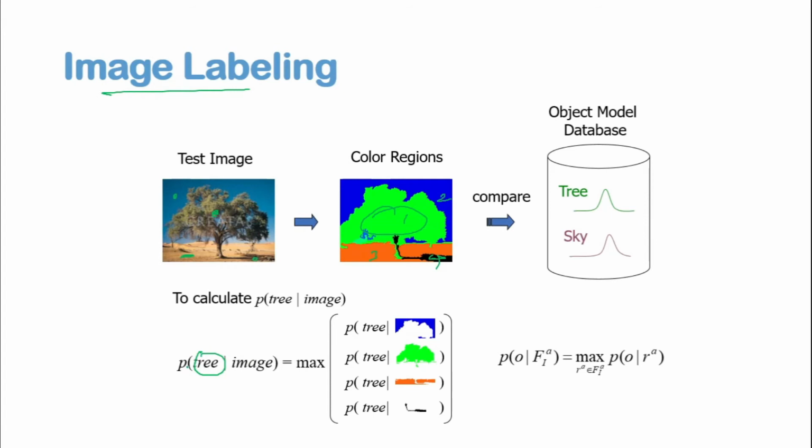I need to find the probability of that particular object with the whole image, but the whole image has all other objects, this one, this one, this one and this one. But all those are learned models. What is the probability of tree with the sky? It will be lesser. What is the probability of tree with the land? It will be lesser. What is the probability of tree with the shadow? It will be lesser. But what is the probability of tree with the tree?